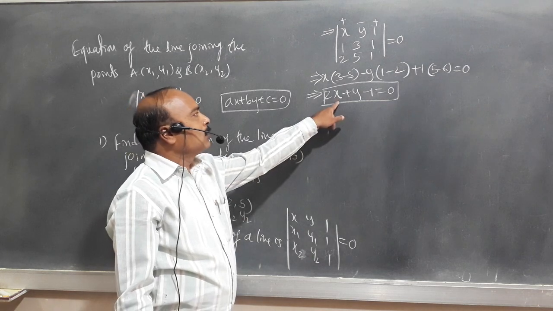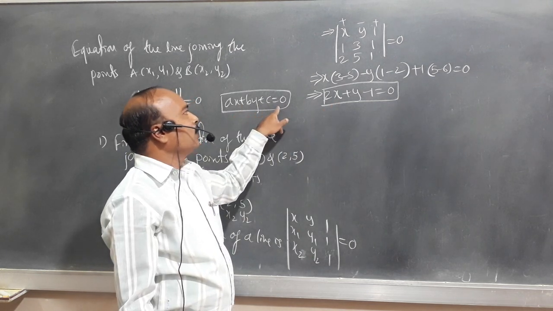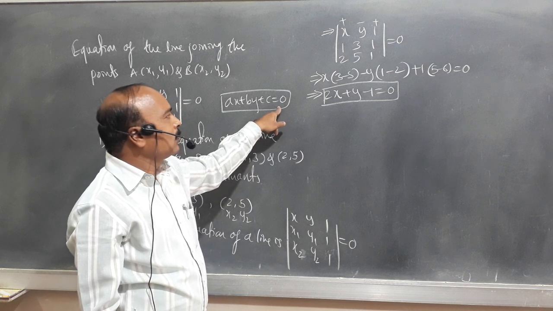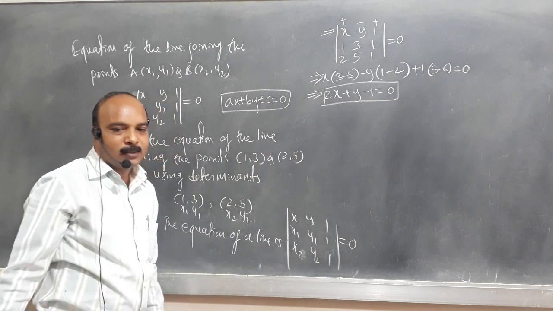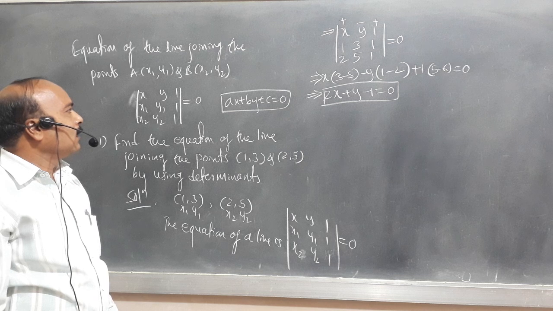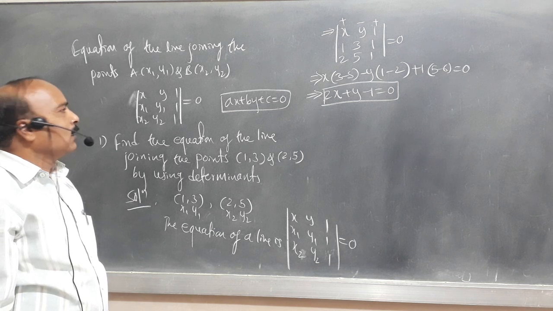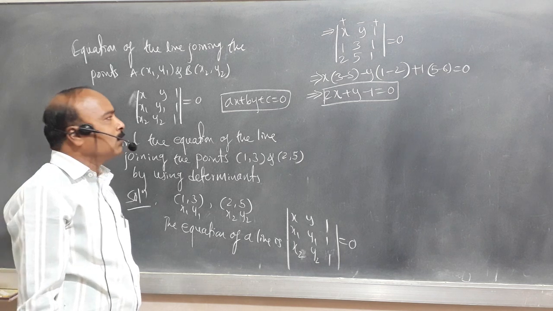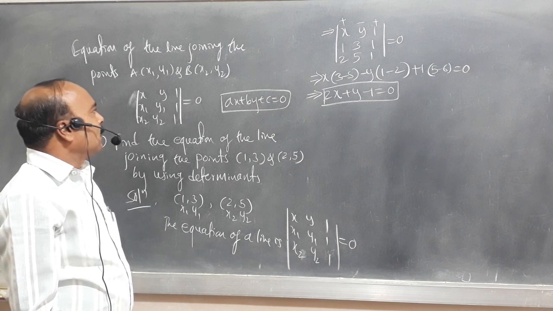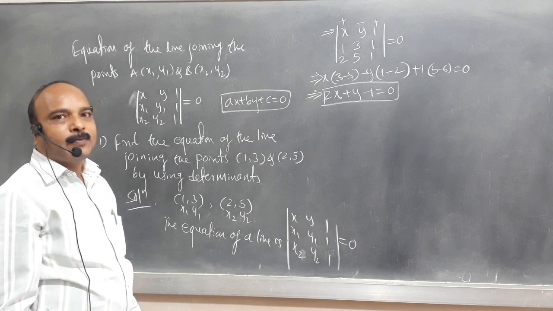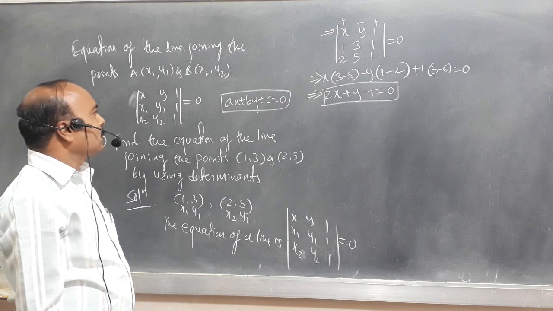This is in the form of ax plus by plus c equal to 0. This is the equation of a straight line. Like that we find the equation of a line joining 2 points using determinants. This type is expected as a 2 marks question in your annual examination. Take the solution.